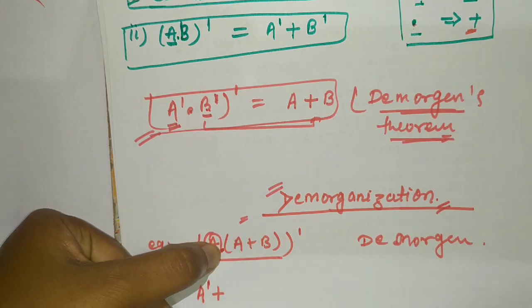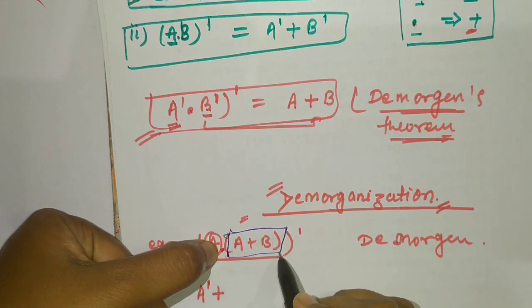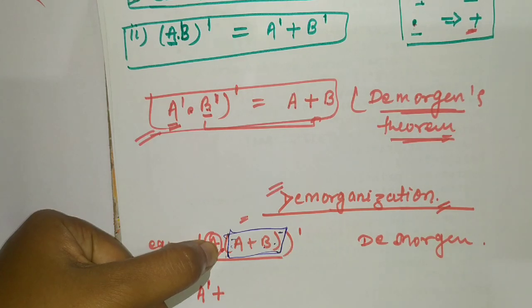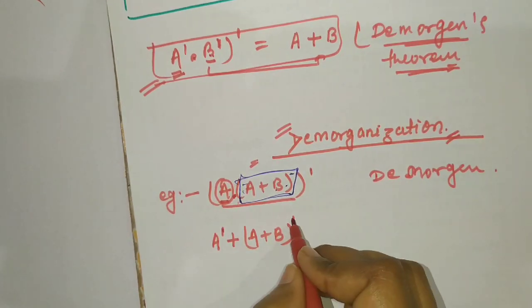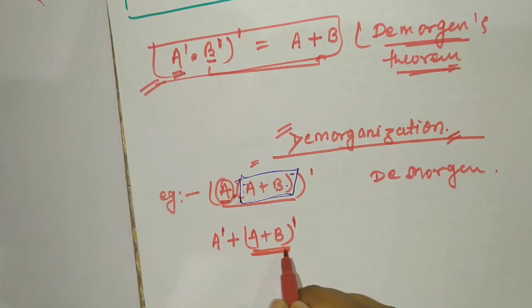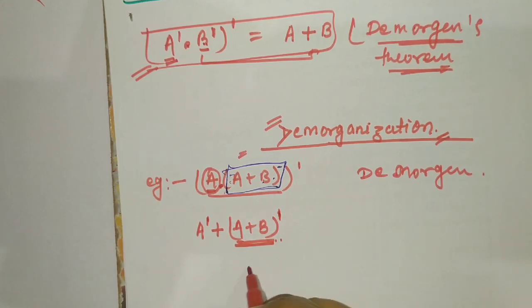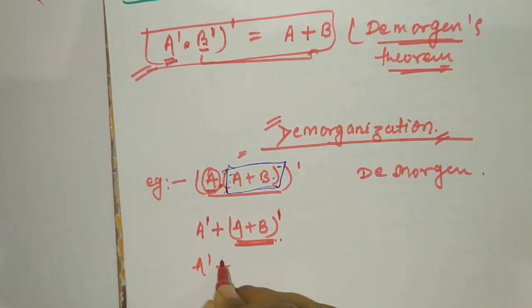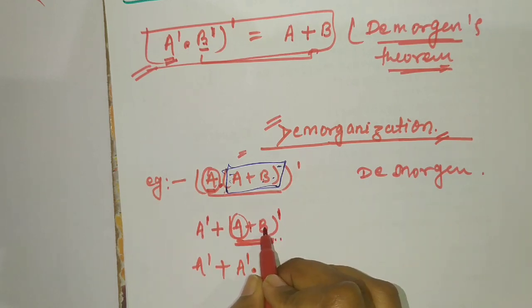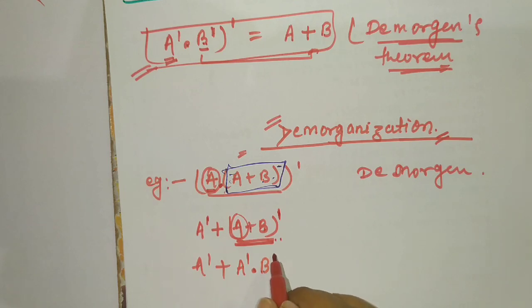Then A plus B has no dash, so we write it with dash. Here again there is one dash, so we again apply De Morgan's theorem: A becomes A dash, plus converts to dot, and B becomes B dash.